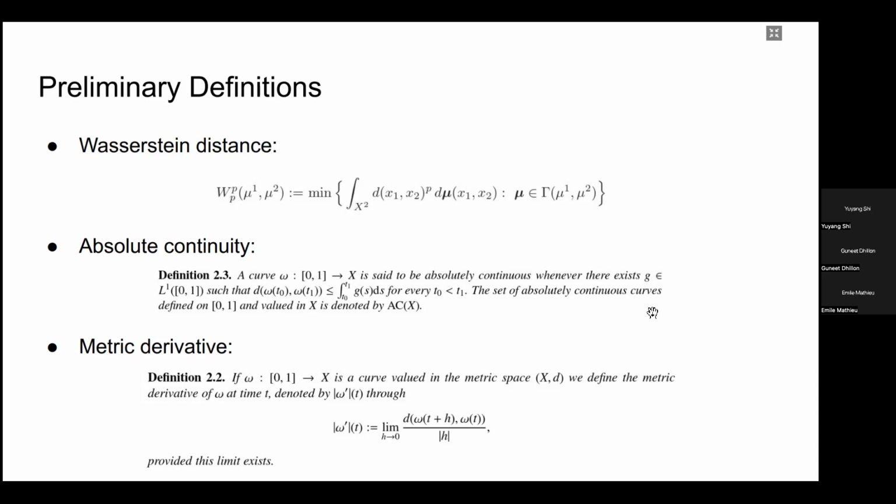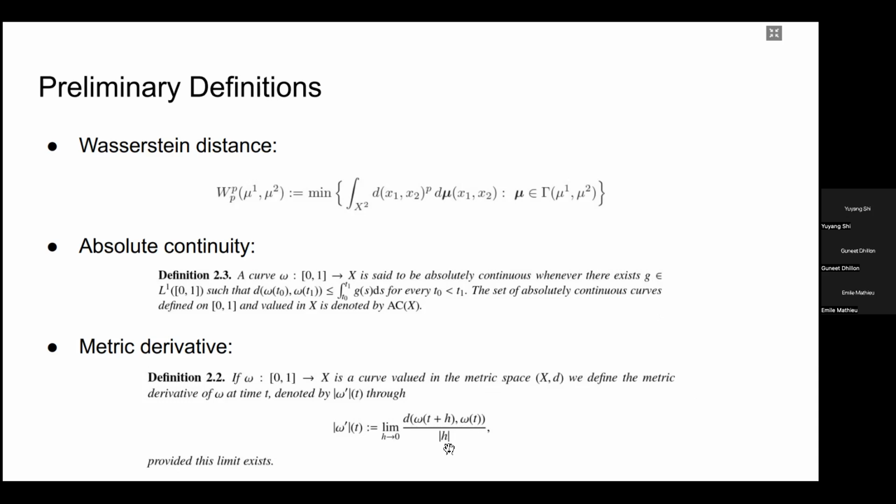And a very related definition is the metric derivative. So again, considering any curve in any metric space, we define the metric derivative of this curve by the increment of the distance of this curve evaluated at time t plus h versus at time t, divided by h. And so this gives you how far instantaneously the curve traveled at time t.